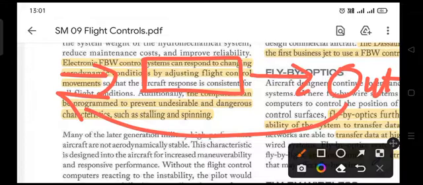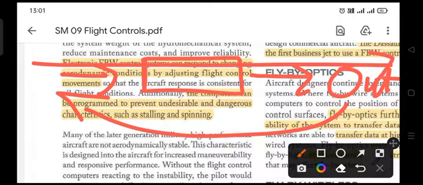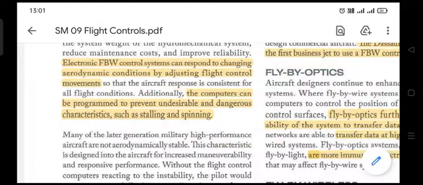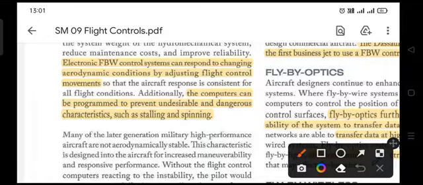So this is an open loop, which means it starts, goes straight and does not come back. There is no feedback from the control surface. In that case you require a feedback mechanism, which is called a closed system.